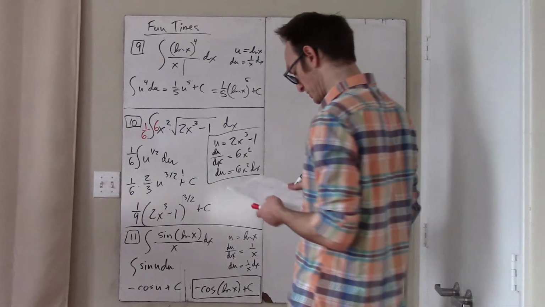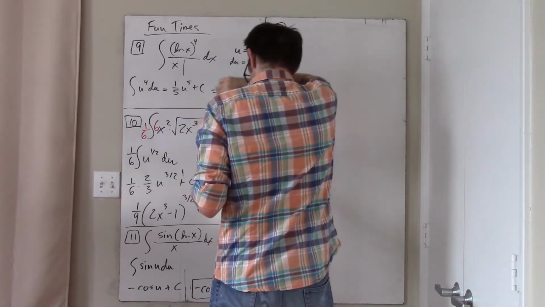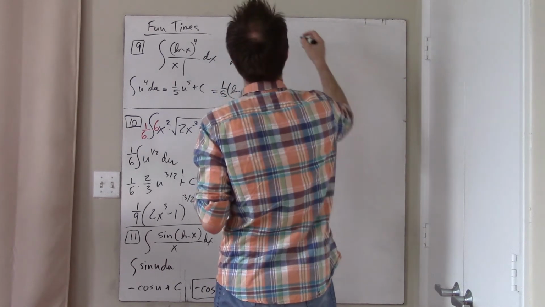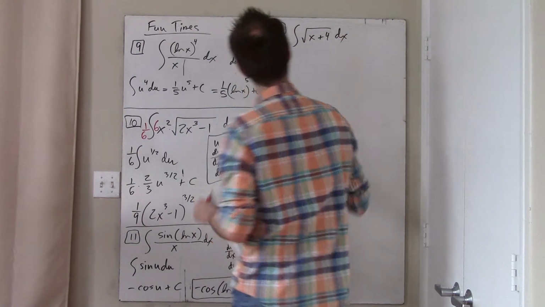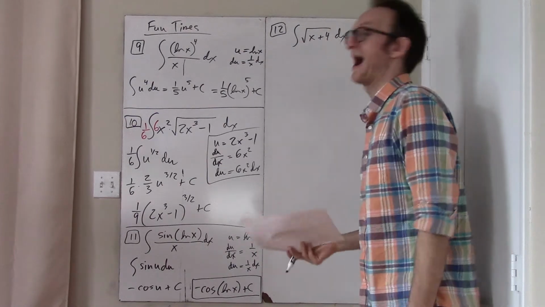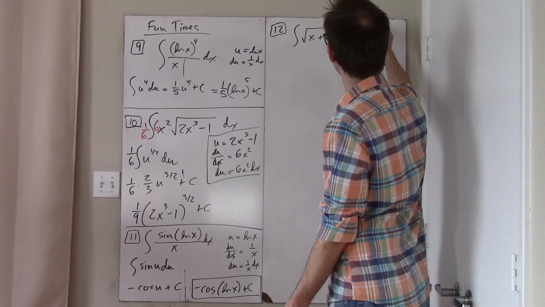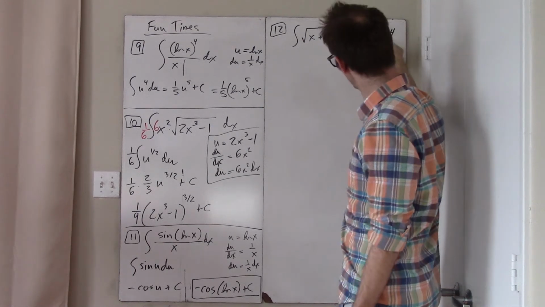Okay, number 12. Oh, this one is mildly interesting, maybe you might say, or not actually. Root x plus 4. I take it back. This is pretty boring. I mean, this is kind of lame to do the substitution explicitly. Almost no one does this, but I'll do it. Let u be x plus 4.